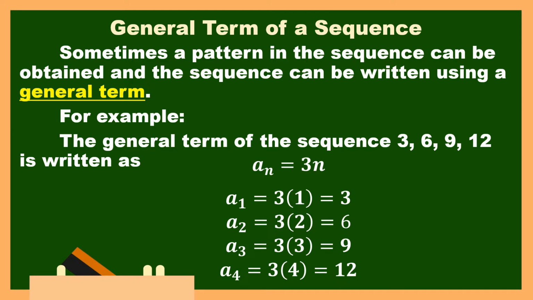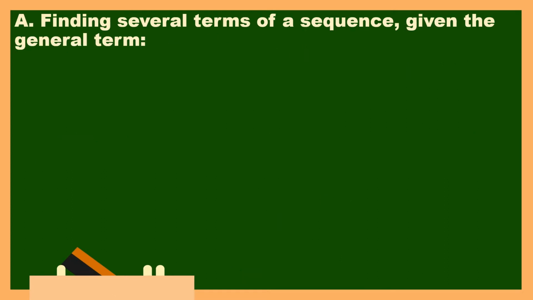So, as you can see, yung result dito from first term up to the fourth term ay nag-jive din doon sa given sequence na 3, 6, 9, 12 gamit ang kanyang general term na a sub n equals 3n.